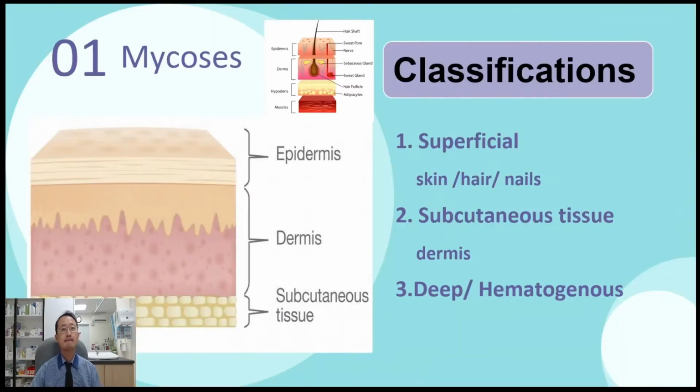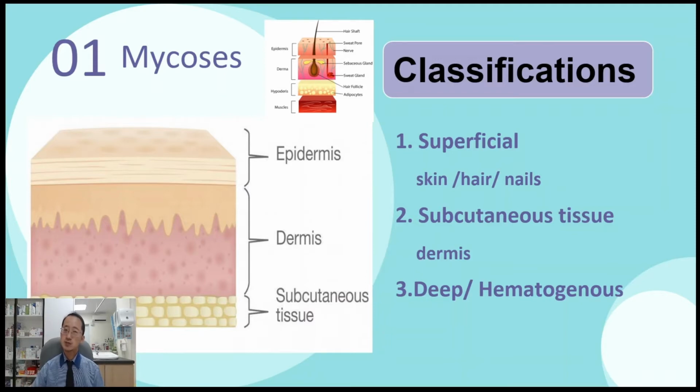Now, when we classify mycosis, skin fungal infection, we classify according to the depth of involvement. If it is superficial, it involves the epidermis; subcutaneous involves the dermis; and deep or hematogenous means it is spread by blood.